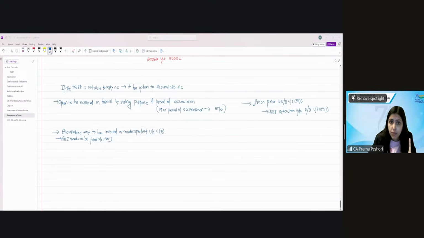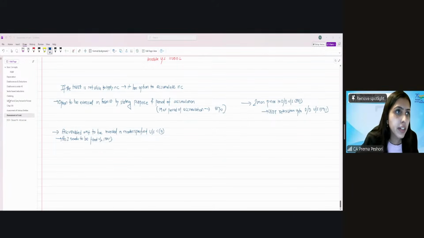And remember, I told you that you cannot make a donation to another trust out of the accumulated income. Yes or no? So any donation to another trust out of the accumulated income is not considered as the application of income. Clear?